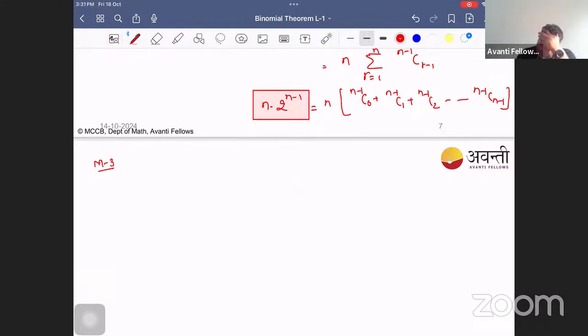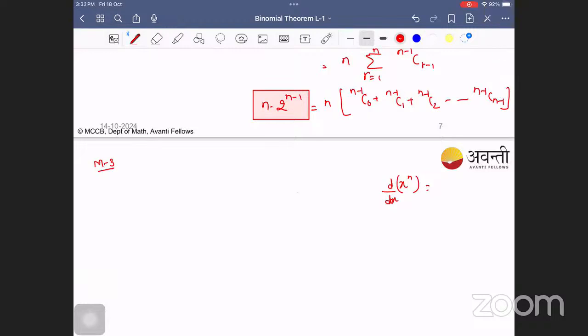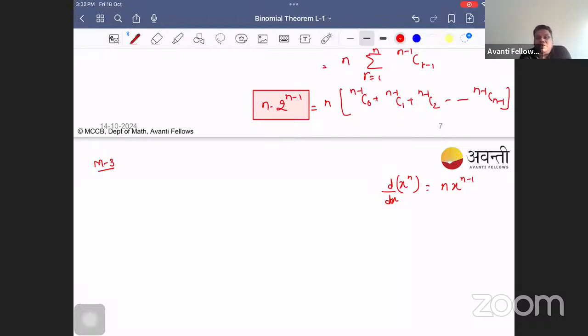Roshan, can you tell me the derivative of x to the power n? n into x to the power n minus 1. Very good. Is there anybody, Vaishnavi, Lakshmi, Manish, who is not aware of this?